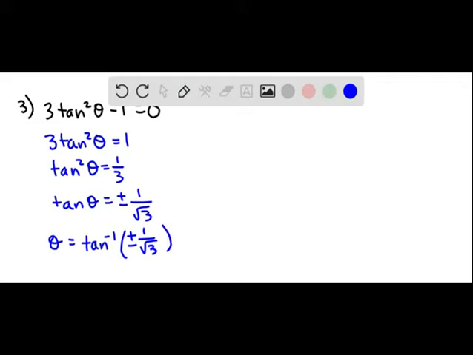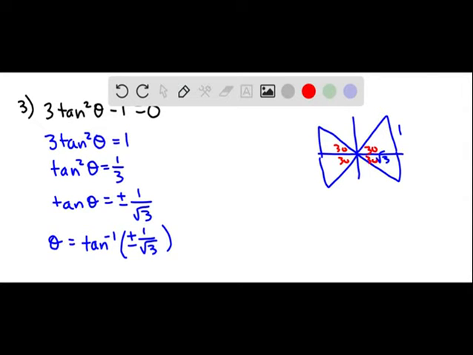Okay, so let's picture this. So because we have plus and minus, we're going to be in all 4 quadrants. And the opposite will be 1, and the adjacent will be square root 3. So we have a 30-degree reference angle. So in all the quadrants, we have all the 30s.